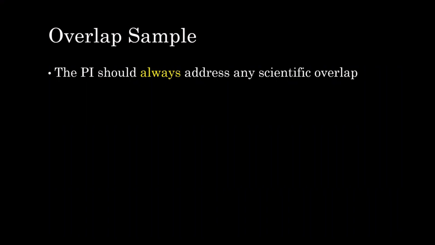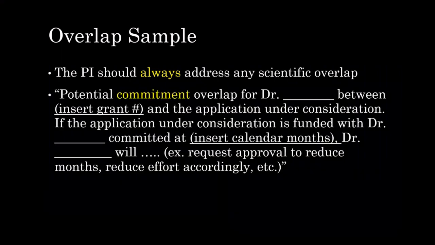So, an overlap sample: the PI should always address any scientific overlap. And here's an example of an overlap statement for commitment. Basically, you're going to state that the PI is overcommitted between an application from their current support and then the application under consideration.